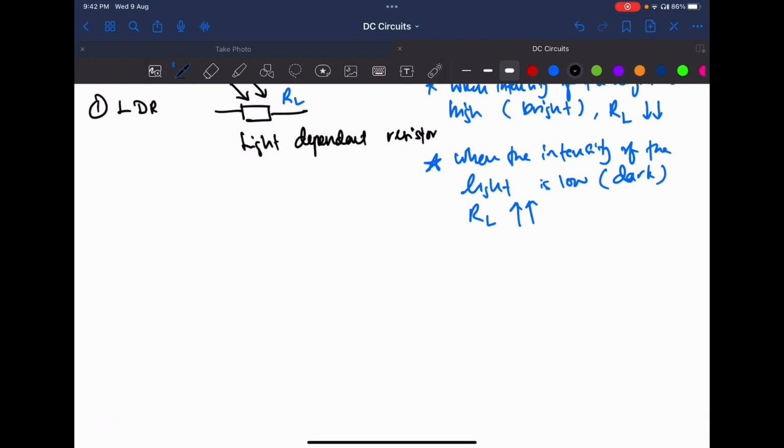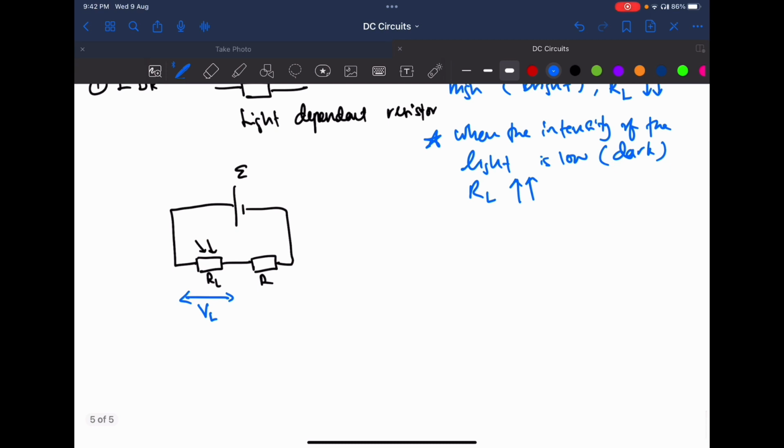So using this, we can come up with a circuit. For example, we have an EMF E, an LDR RL, and a fixed resistor R, and here is VL. According to the potential divider equation, VL equals RL over (RL plus R) times the EMF.